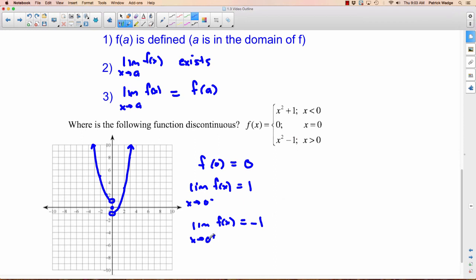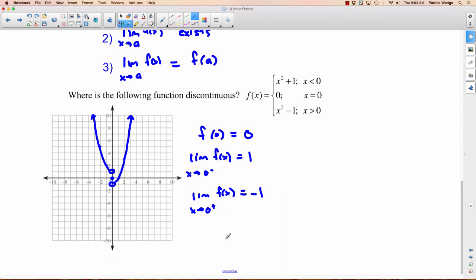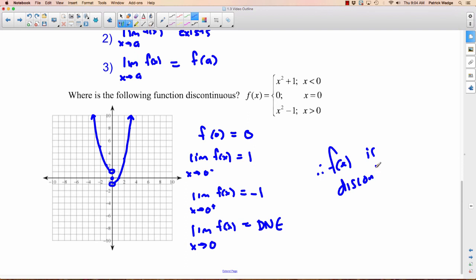Now, what does that mean overall for the limit? The limit of f of x as x approaches 0 is DNE. It doesn't exist. So, therefore, f of x is discontinuous at 0.